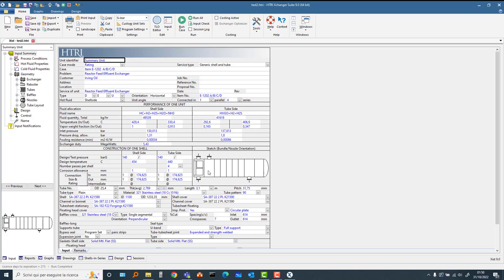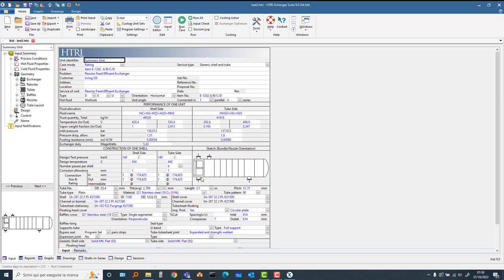Those two distances are equal and have been set to 614 millimeter. Possibly somebody has already tried to make some kind of mechanical design of this unit, and therefore these distances are fixed because it depends on the nozzle, on the reinforcement and the reinforcement distances around the nozzle, etc.